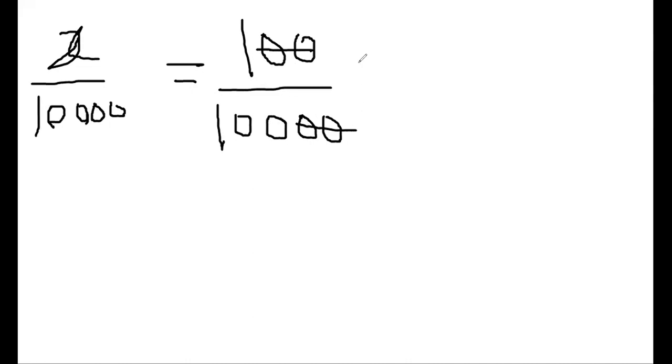Zeros cancel zeros, so this is 0.01. So this type of lot size is called what? A micro lot size.